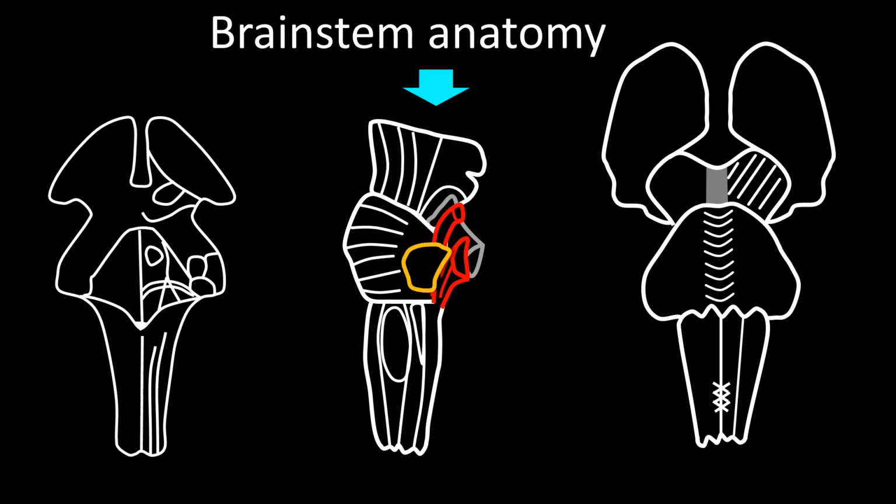We have thus talked about the main features of the lateral view of the brainstem, and we will start with the anterior view, which we will draw in parts as we did for the lateral view, starting with the medulla.